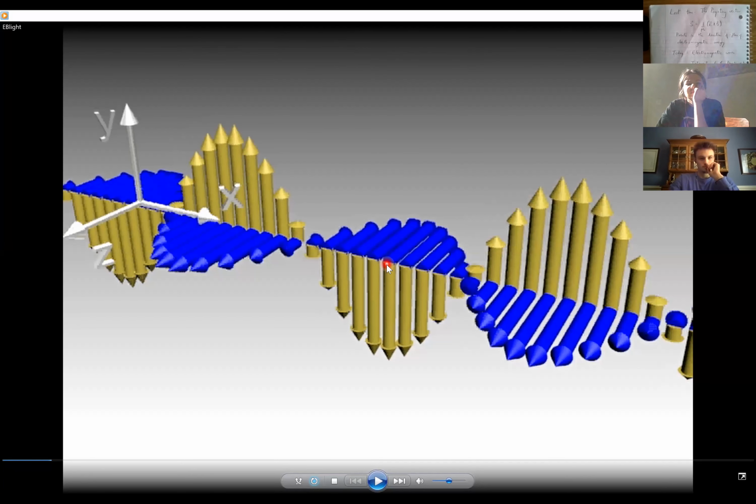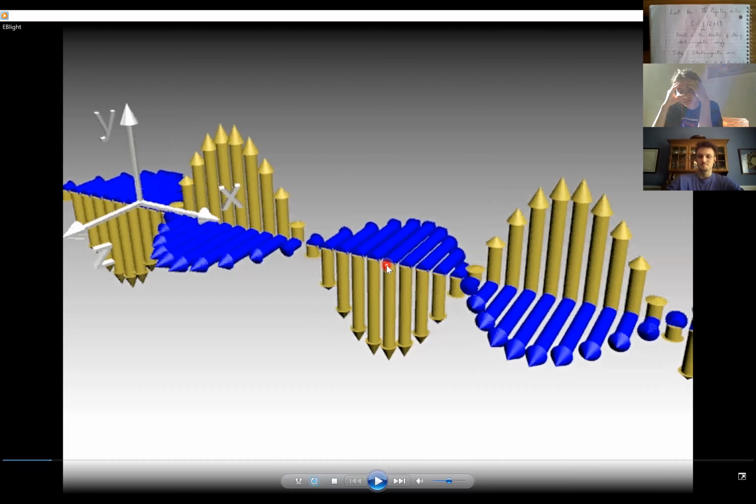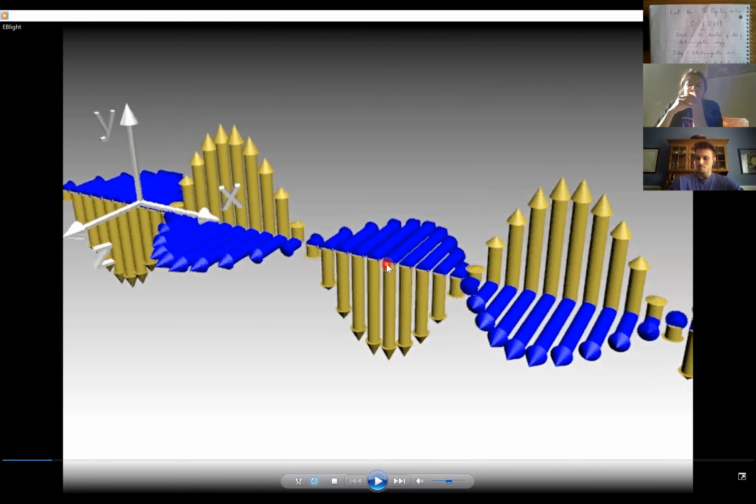So is the x-axis time or space? We haven't shown any time axis here. The time is shown by the animation. Oh, okay, so this is all space. Yeah, this is all x, y, z. And it's traveling through space on the x-axis? Yeah, the wave is traveling in the x direction. That's right.